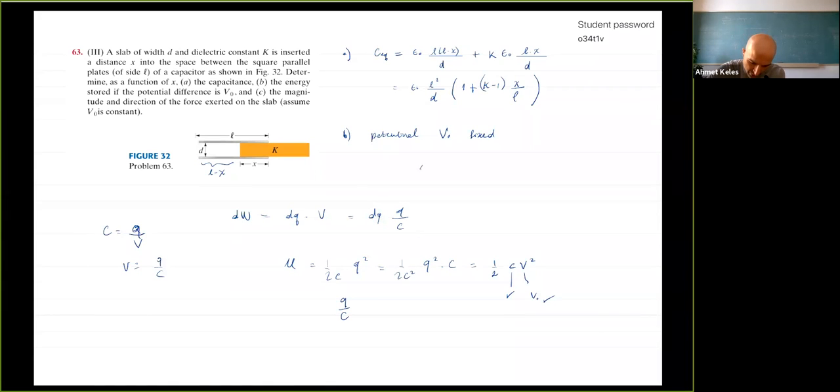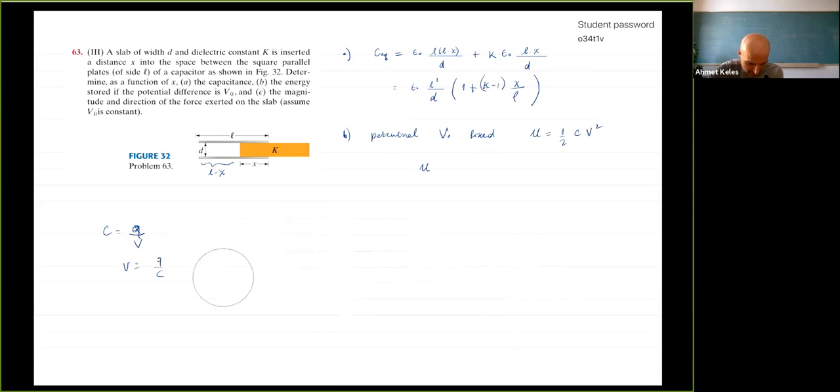So U is equal to 1/2 C V squared. Now let's put in these numbers.